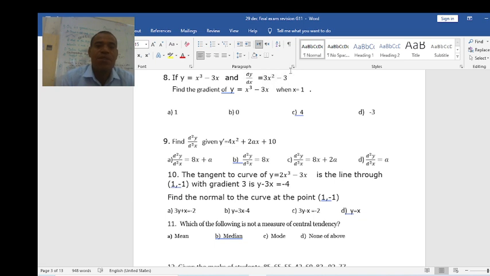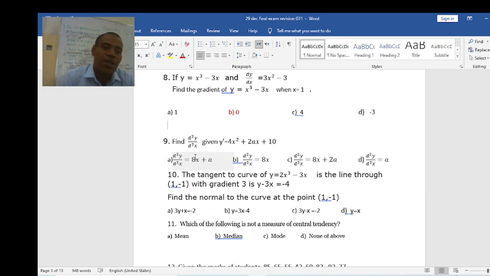This is the first derivative, to differentiate your original equation with respect to x, it will be 3 times x squared minus 3. I will substitute here x equals 1 in the first derived function, which means 3 times 1 squared is 3, minus 3 is 0, so the correct answer is that.